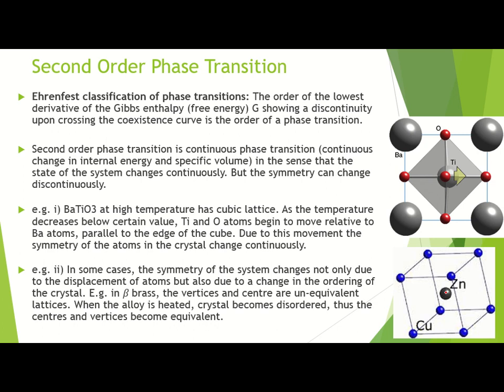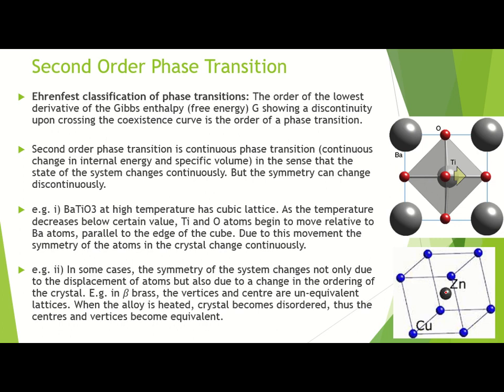So because of that thermal energy, the distortion happens, and distortion makes the central lattice point and the vertices lattice points equivalent. So now they are similar points.